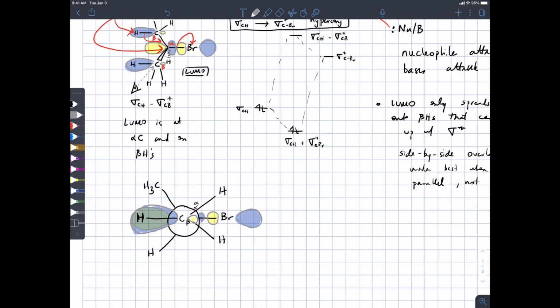And what we see is that the LUMO is only on the beta proton that is anti to the leaving group.